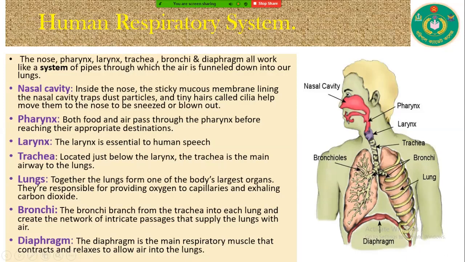Then bronchi. The bronchi branch from the trachea into each lung, creating a network of intricate passages that supply the lungs with air.